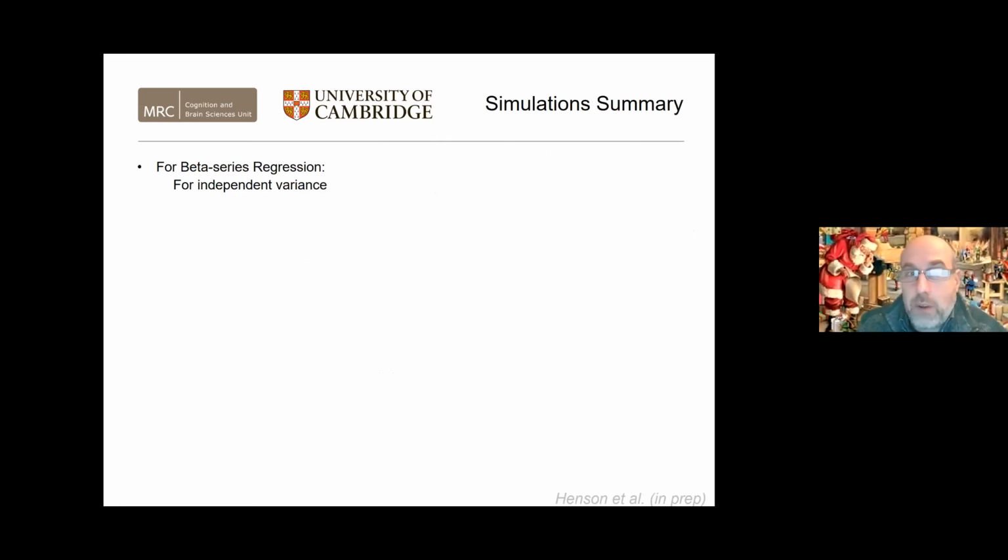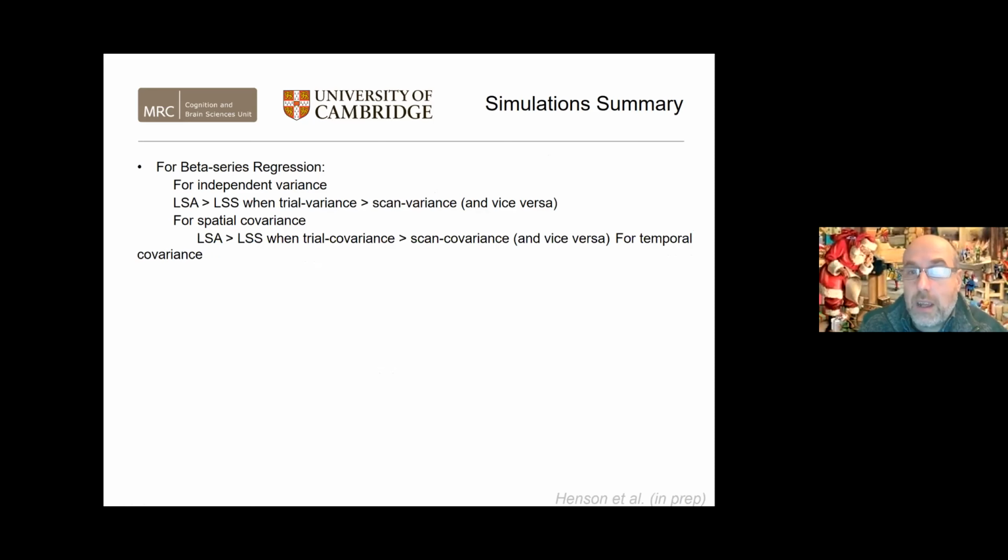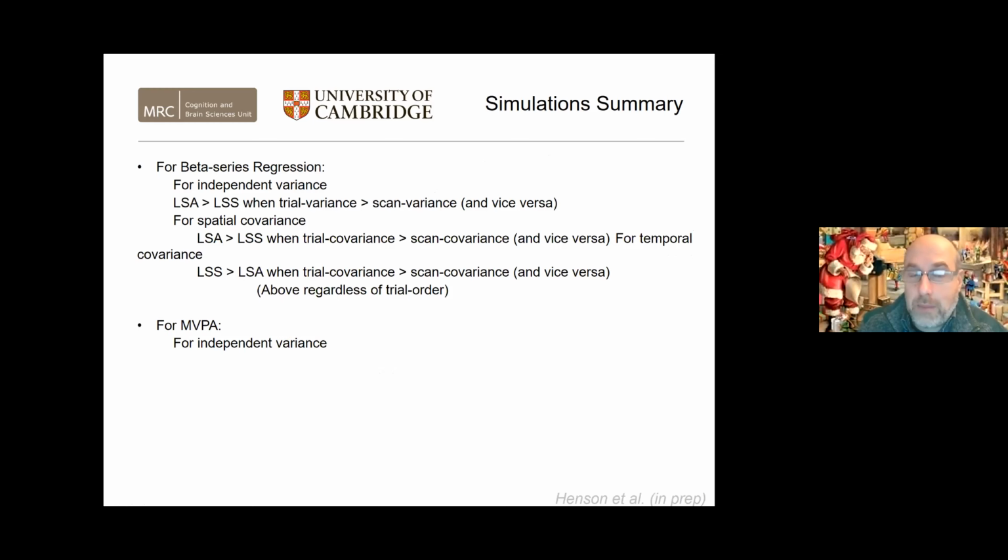So if you're interested in beta series regression and there's independent noise, then LSA is generally better than LSS when the trial variability is higher than the scan variability, and vice versa. For spatial covariance, sorry, my tabbing has failed here. The LSA is better, but that switches when the trial variance is higher. And this is independent of the trial order. For MVPA, LSA is better, like for beta series regression, when the trial variance is higher.